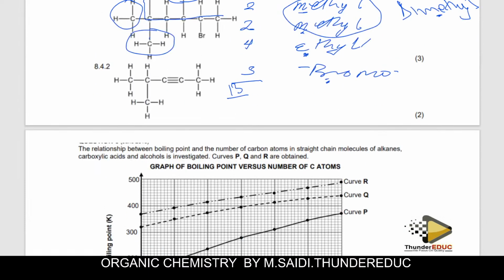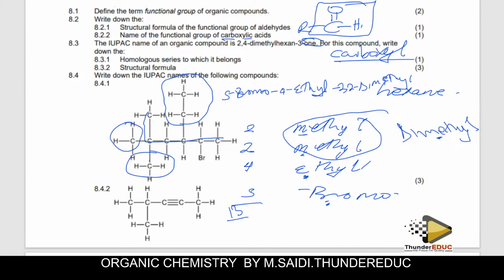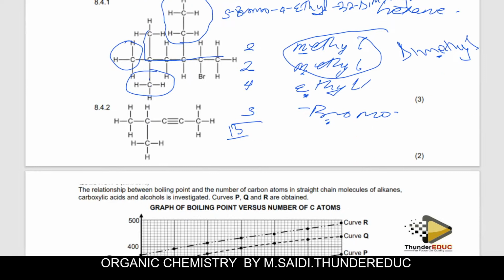Then we go to they're saying write down the IUPAC name of compounds. Now, what about this compound? Should I give it to you as homework? Sorry. So still we're going to use the same method, but this one is a little bit simple. Let's see it.